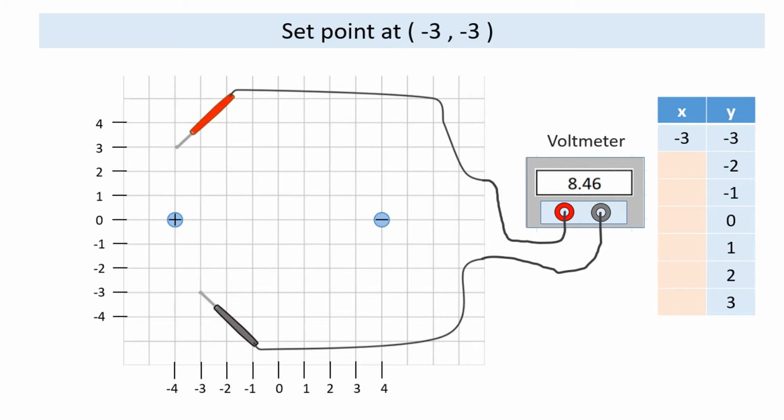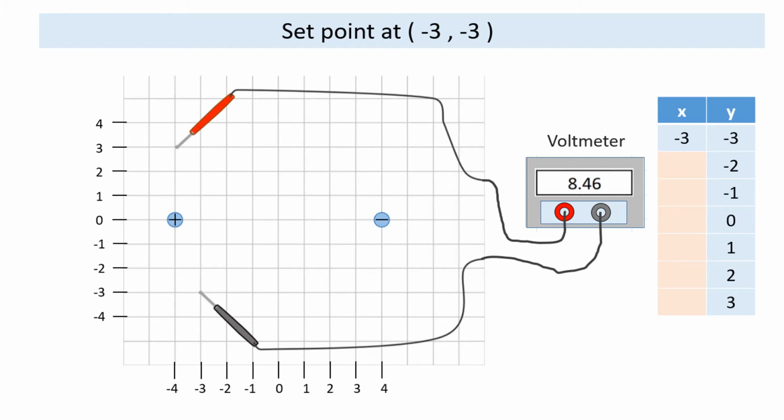A positive charge is at -4, 0, and an equal negative charge at 4, 0. Because the positive charge is on the left and negative charge on the right, we roughly expect the electric field to go from left to right, but not uniform because these are point charges. But that's how we'll determine how to move the probes.